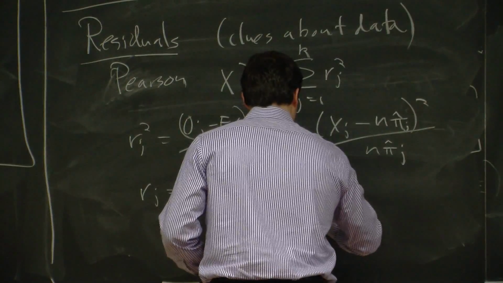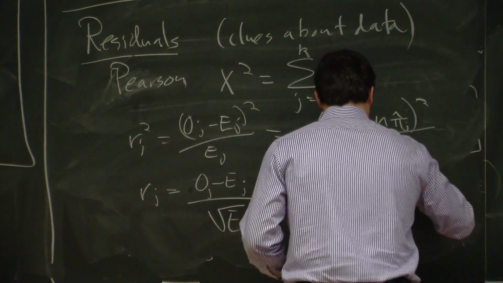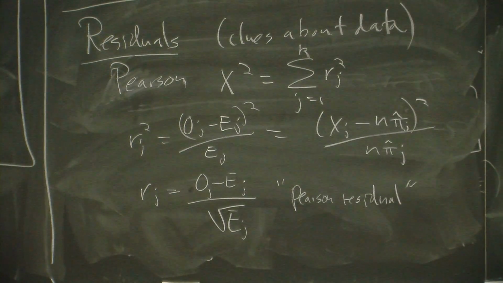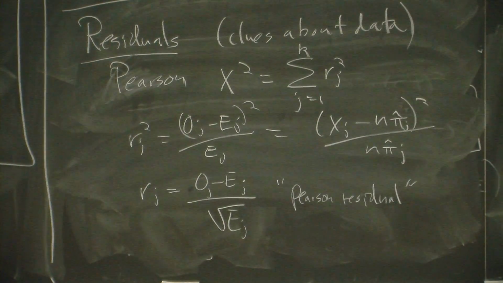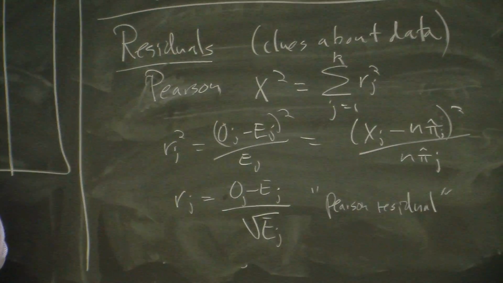This is the Pearson residual for cell j. So it tells you, is this cell above or below what's expected from the count. So do I want to write these yet?